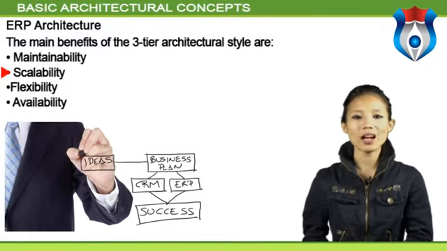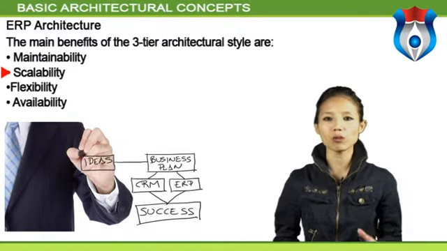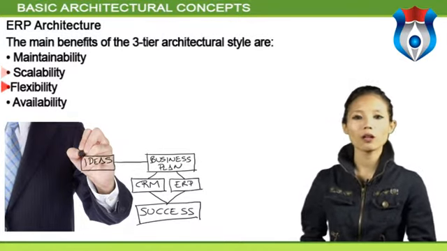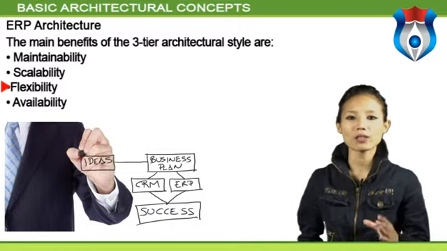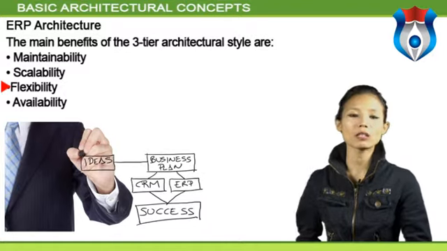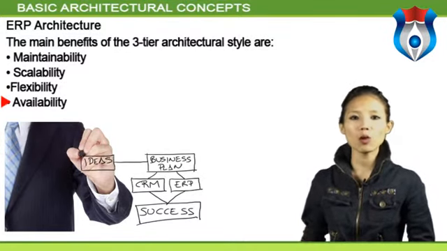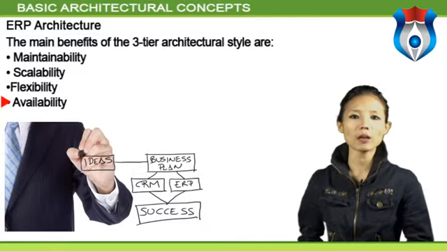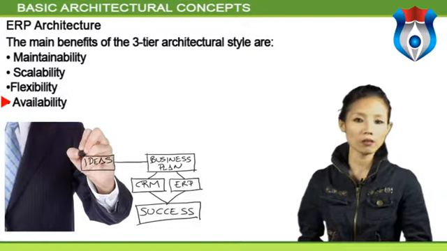Scalability. Because tiers are based on the deployment of layers, scaling out an application is reasonably straightforward. Flexibility. Because each tier can be managed or scaled independently, flexibility is increased. Availability. Applications can exploit the modular architecture of an enabling system using easily scalable components, which increases availability.